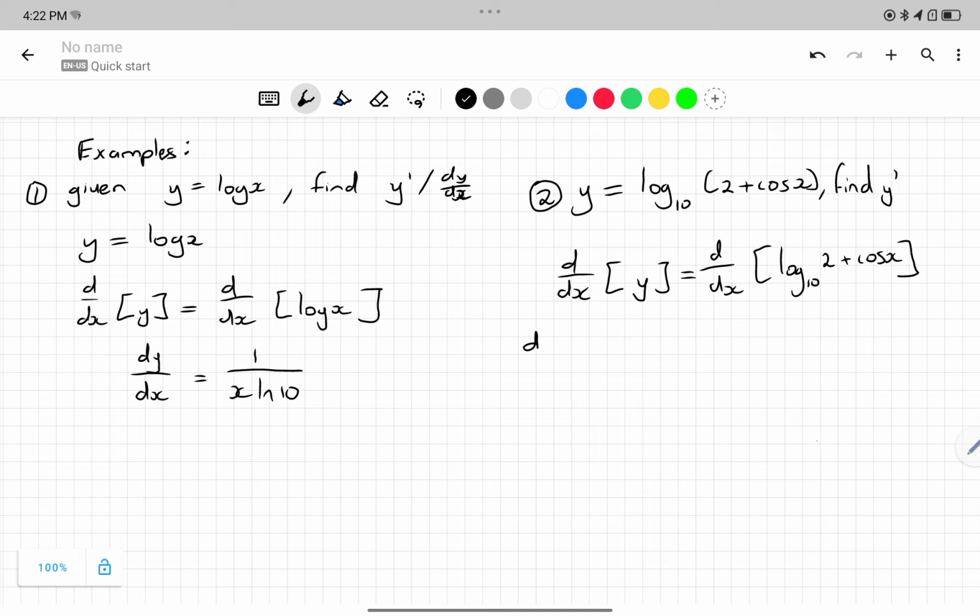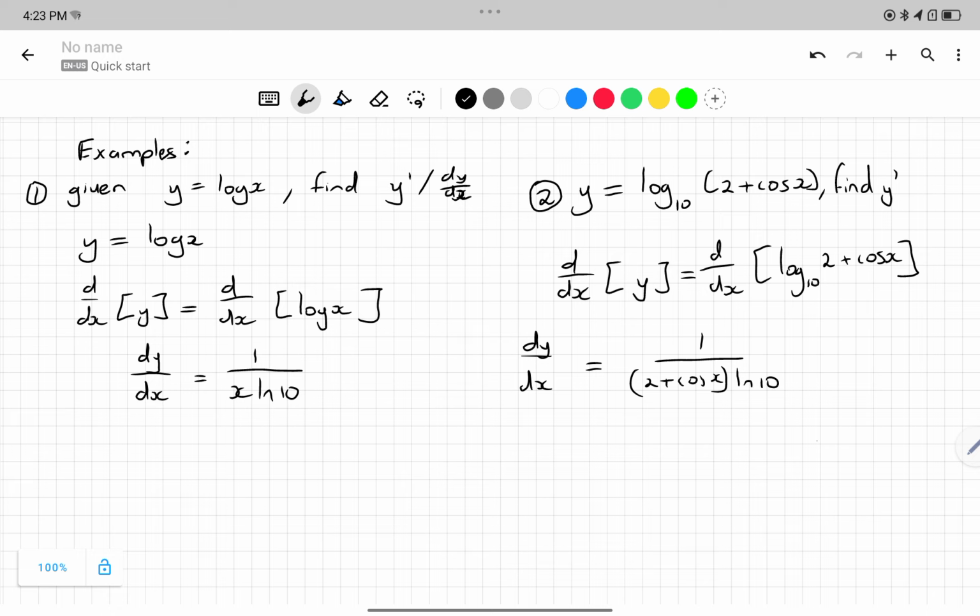So dy over dx is thus equal to 1 over 2 plus cos x times ln 10.